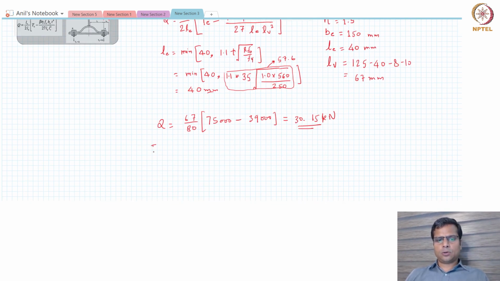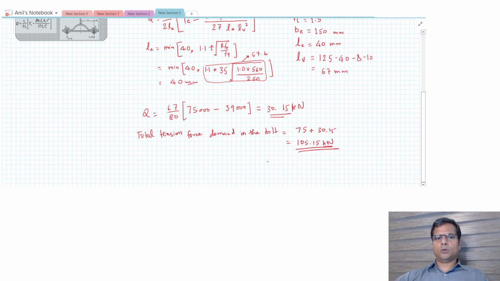As a result, the total tension force demand on the bolt is (75 plus 30.15), which turns out to be 105.15 kilonewton. This is the total force demand on the bolt.